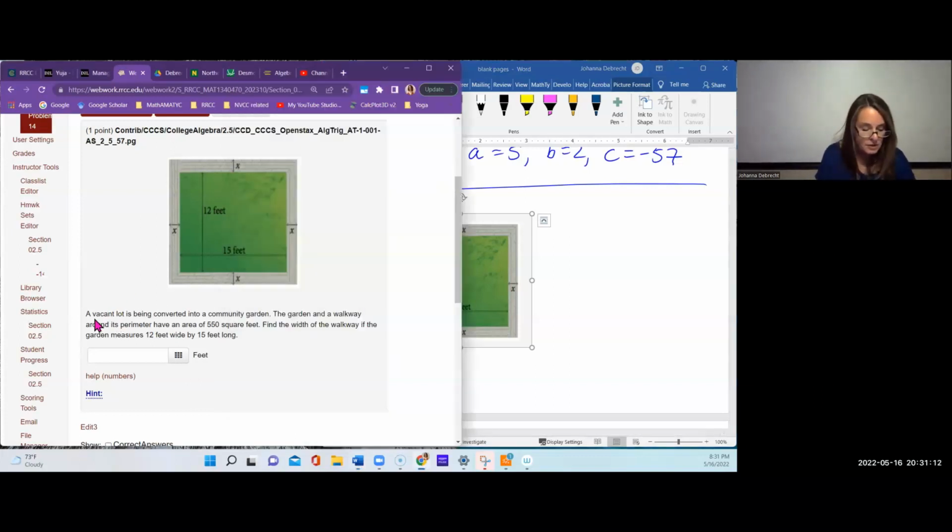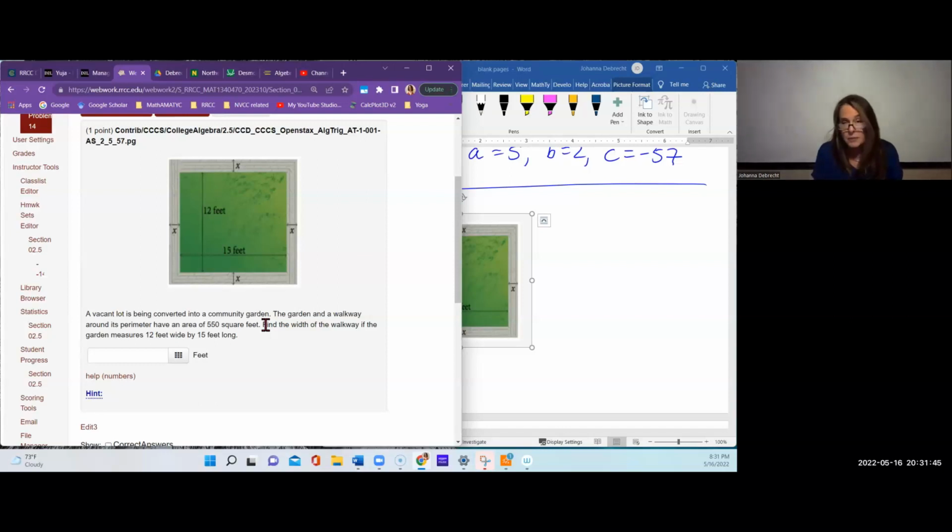Let's read the words. A vacant lot, got it, is being converted, got it, into a community garden. Got it. Notice that I'm breaking the words apart into the parts of speech: subject phrase, verb phrase, prepositional phrase, subordinate clauses, conjunctions, punctuation marks. For those of you who didn't excel at English, go about every 2 to 3 words and stop at a natural breaking point and ask yourself, do I need to write anything down on my picture or write anything down on my paper?